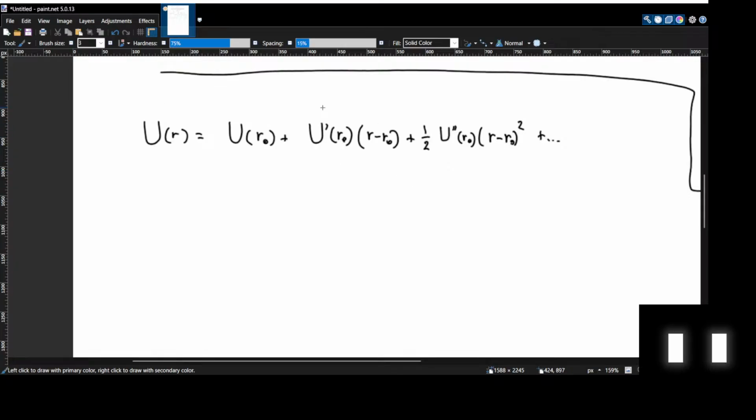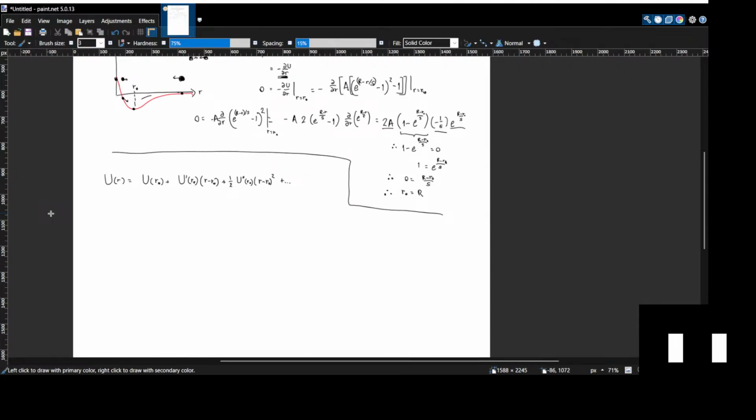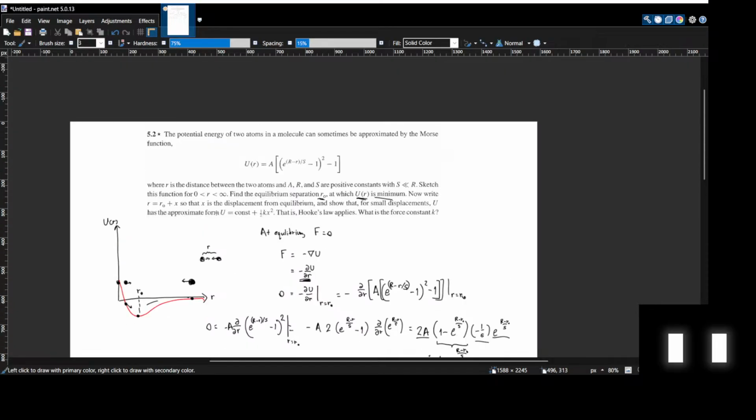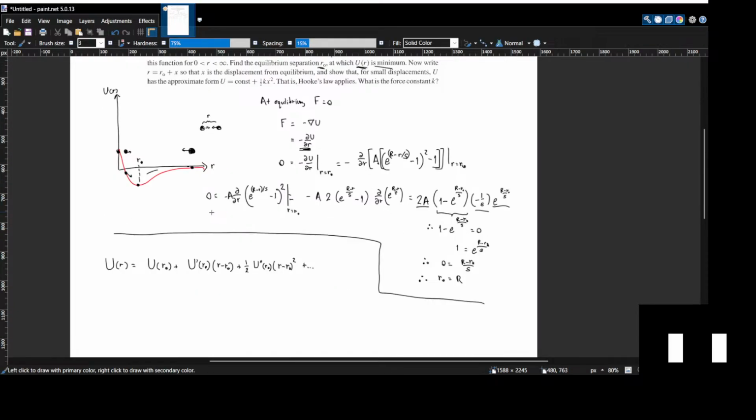So we now have this Taylor series approximation. Next thing we have to do is make sure we can write it in the form of Hooke's law.